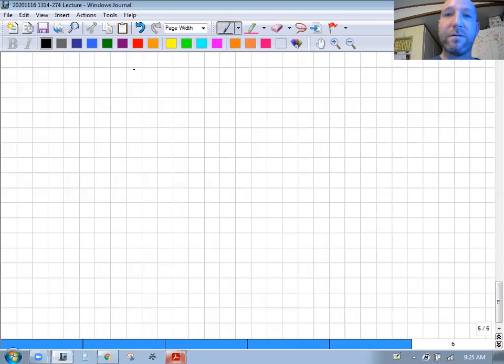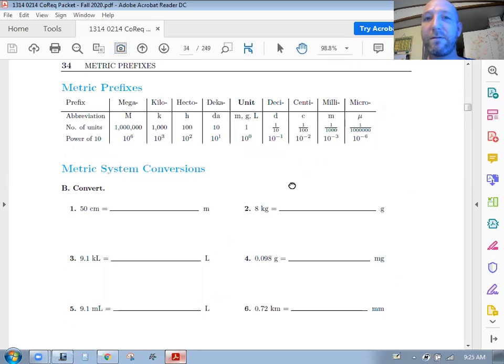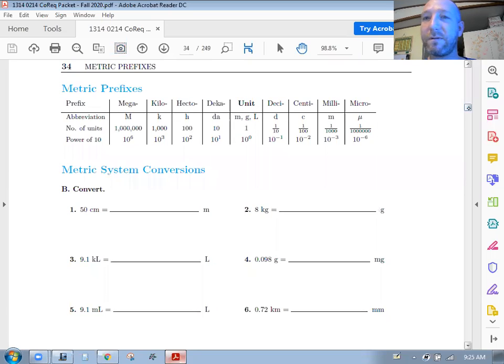Now let's do quiz number 25. Let's see. Let's do some easy ones here today. Or since we're going to work these in class, let's go ahead and look at those exponential ones.